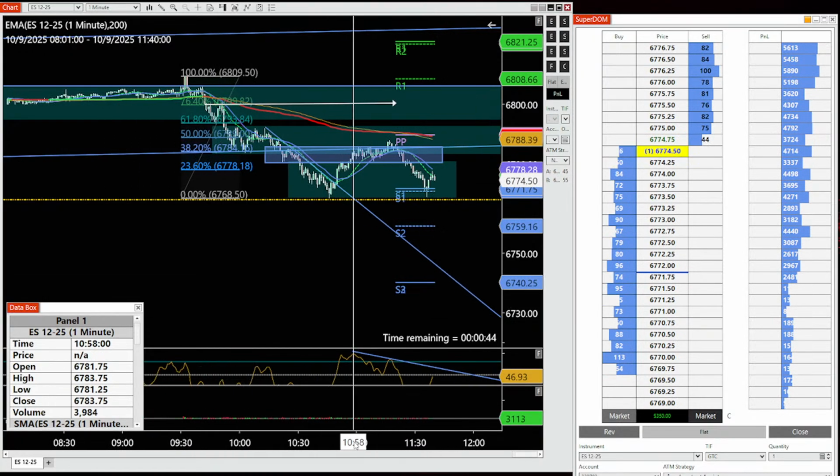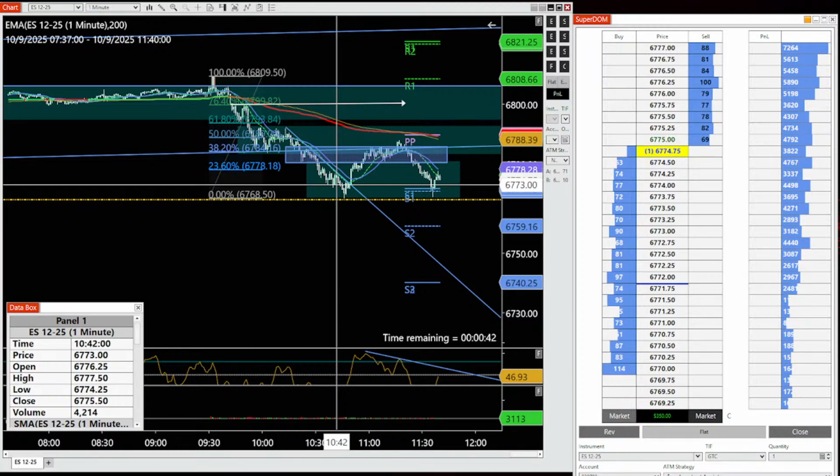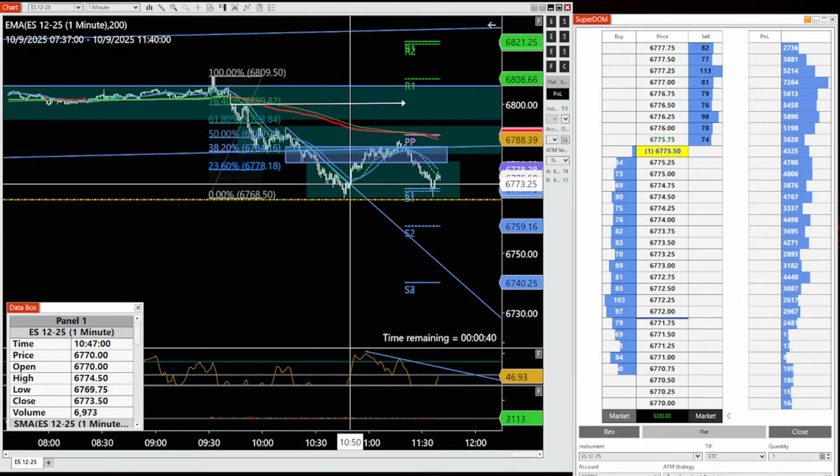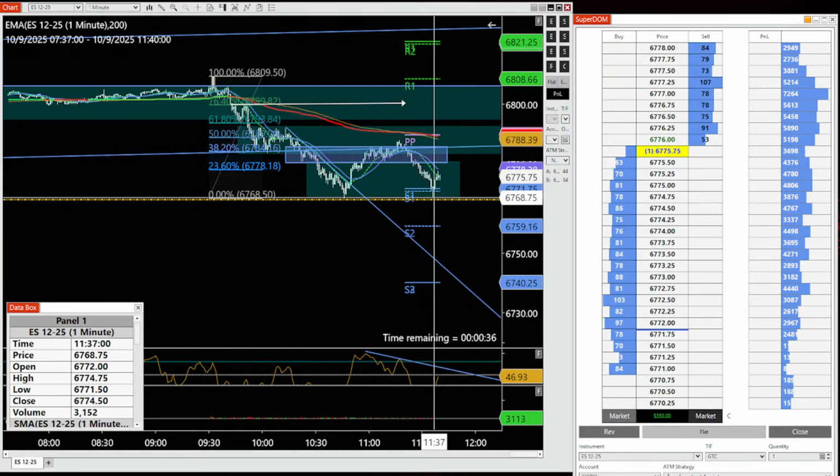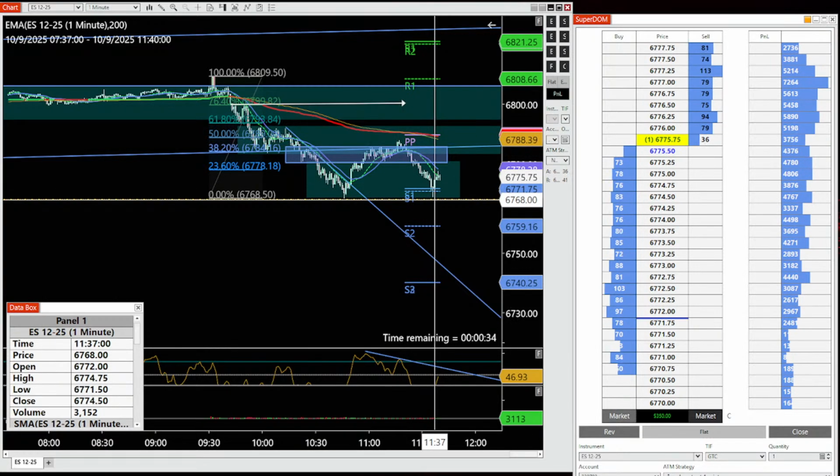Possible head and shoulders. Cup and handle. Well, no shoulders here, but it'll be a cup and a handle. 88. Break a 68.